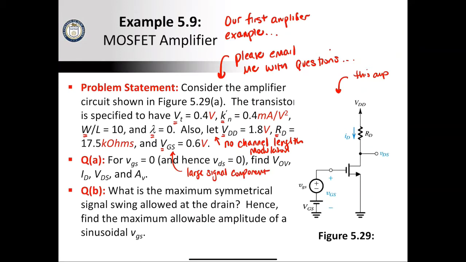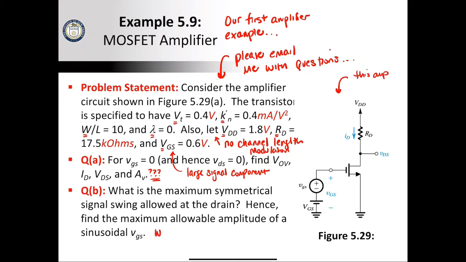Now, for the small signal component of VGS equal to 0, find the overdrive voltage and the large signal components of ID, VDS, as well as the gain. So this is really just saying characterize the amplifier and tell us how this thing is going to operate. Because this is an amplifier, we can assume that it's in the saturation region with a fair amount of certainty.